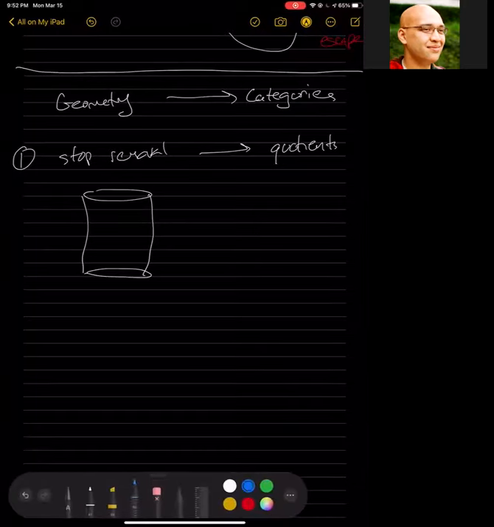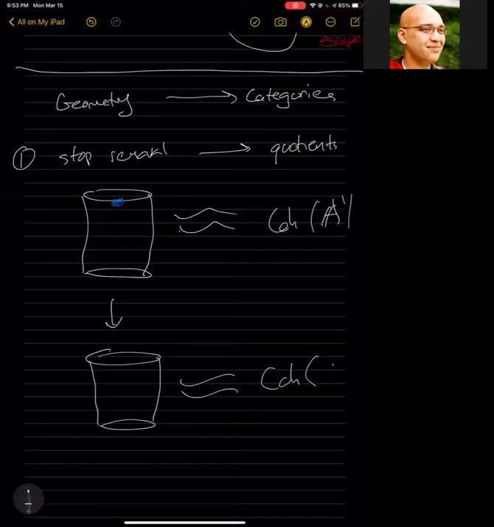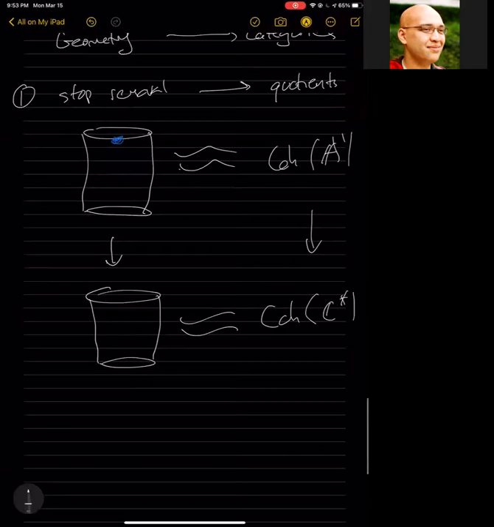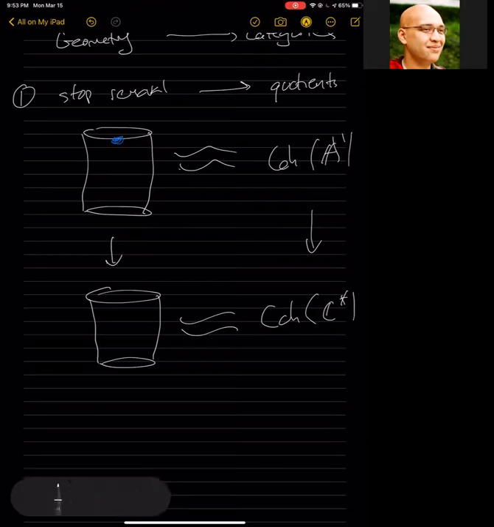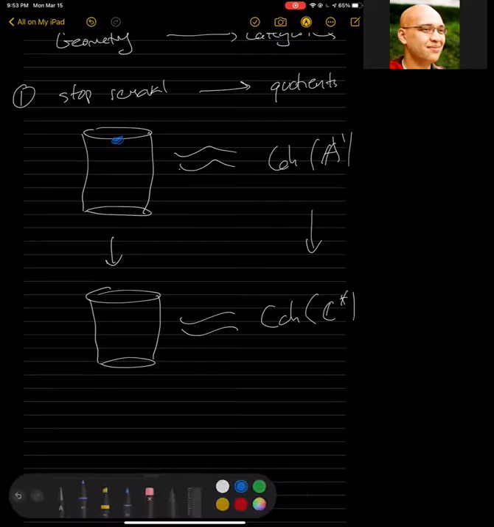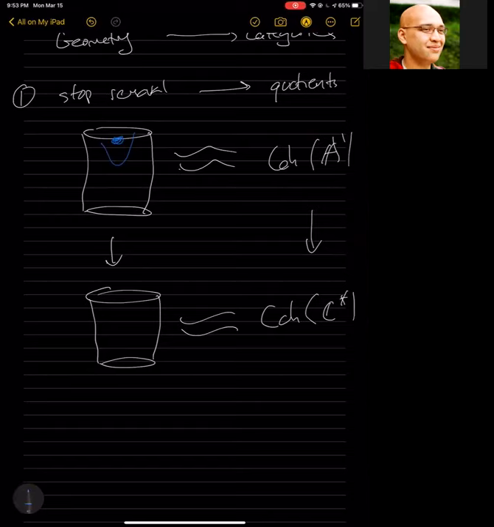You remember that this thing was supposed to be coh A1, and the Fukaya category of this thing was supposed to be coh of C star. And this stop removal is supposed to be the quotient by the category generated by the linking disk.